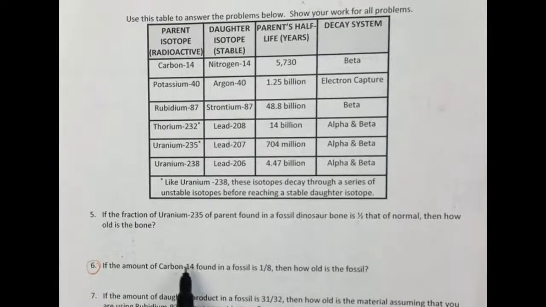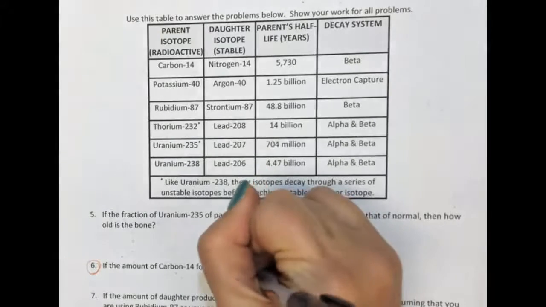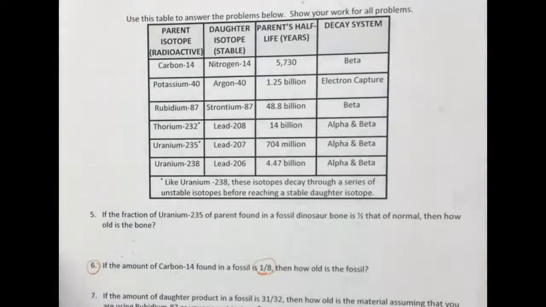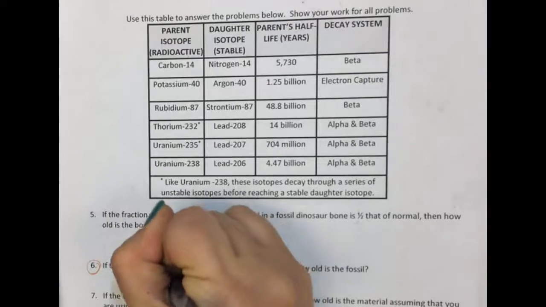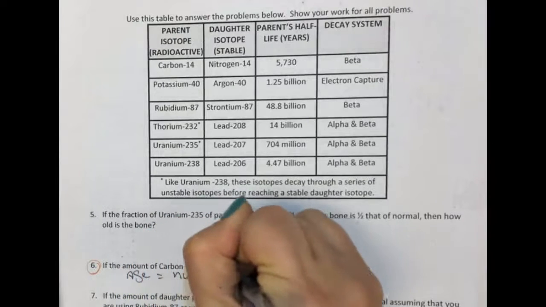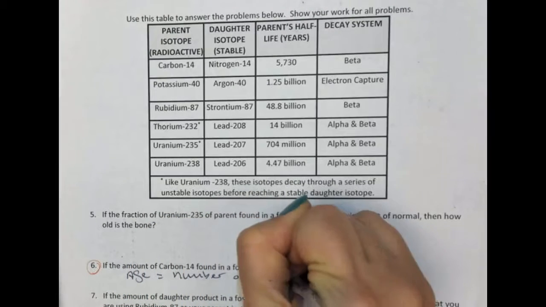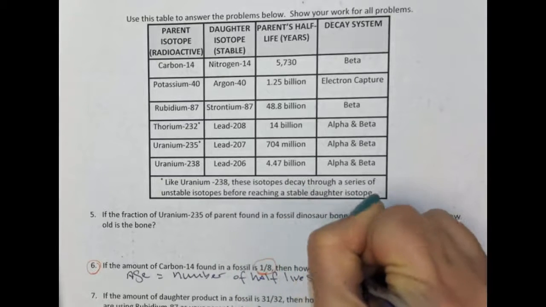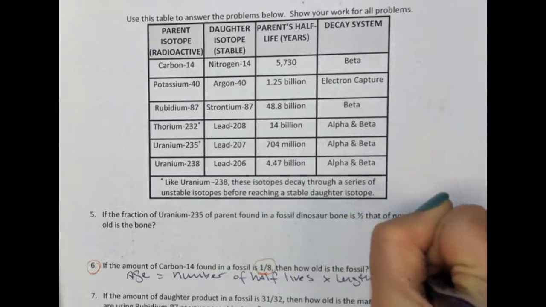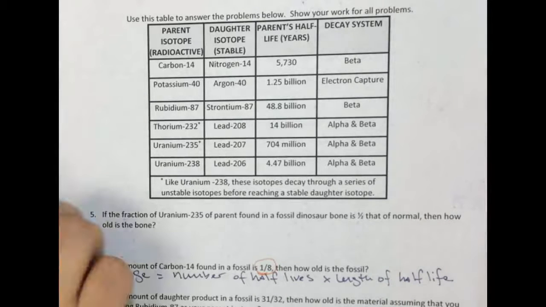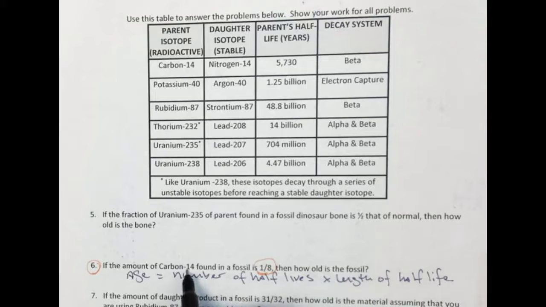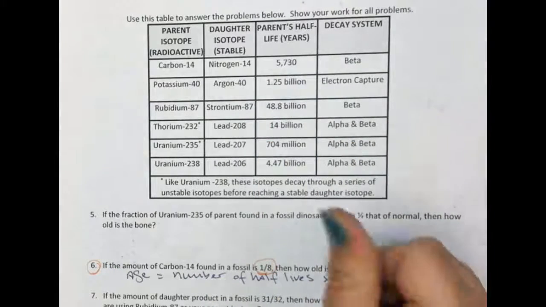It says if the amount of carbon-14 found in a fossil is 1/8, how old is the fossil? Remember, our formula is that the age equals the number of half-lives times the length of a half-life. So based on this chart, we can figure out our length of a half-life for carbon-14 is 5,730 years.